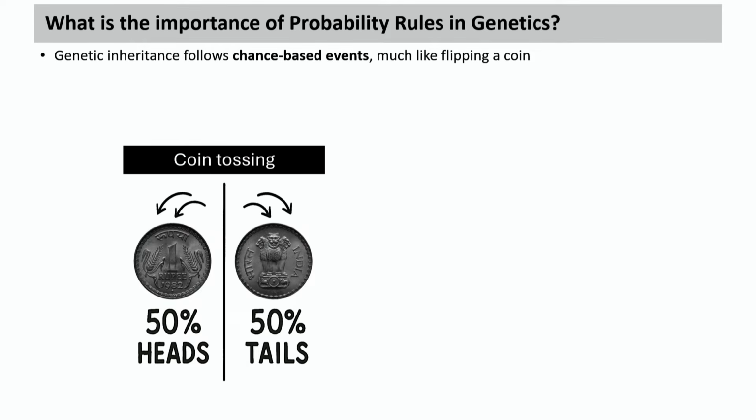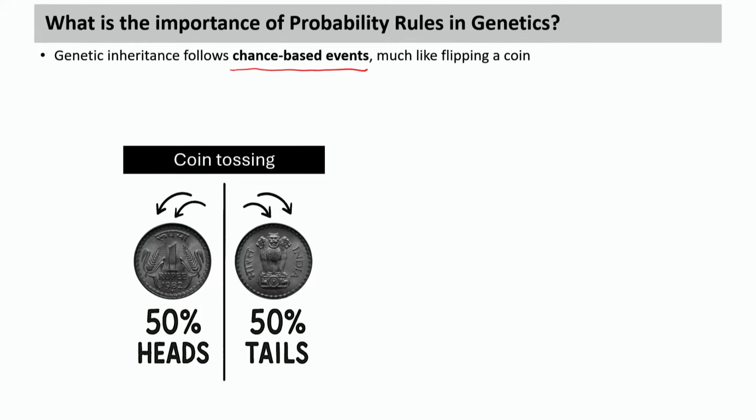Remember that genetic inheritance follows chance-based events, right? I will reiterate it multiple times in this lecture that when we have a tall or a dwarf plant, we see capital T or small t as factors or alleles, and there are equal chances of getting either capital T or small t.